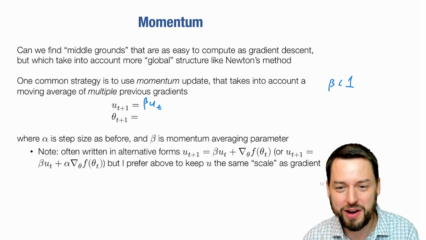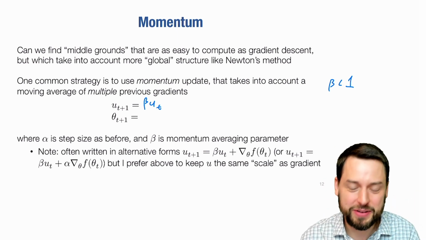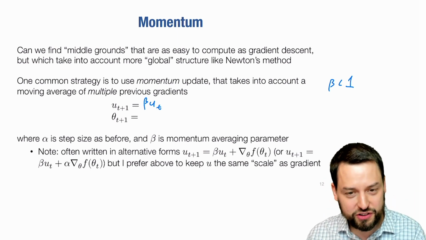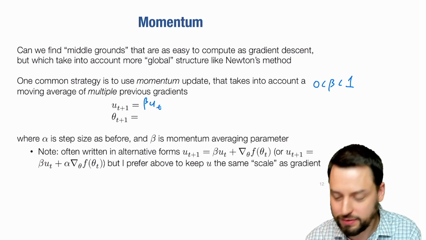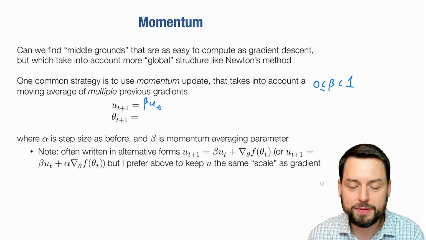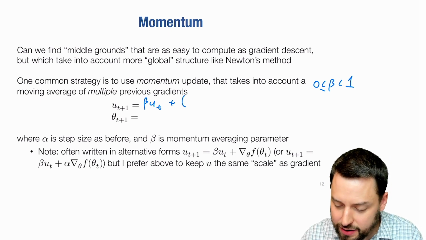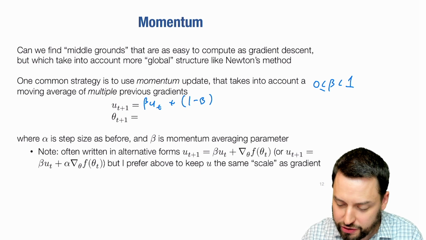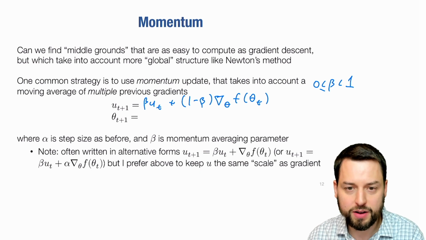There actually are some crazy schemes of larger than 1 momentum, but this is not what we're doing here. So it's positive, but it's a term where we scale down. I guess it could be equal to 0, and then we're just doing gradient descent. But we scale down our previous momentum term, and then we add the other portion, 1 minus beta, times our gradient. Okay, so that's going to be our update for a momentum term.